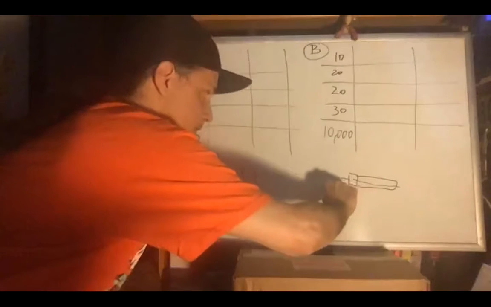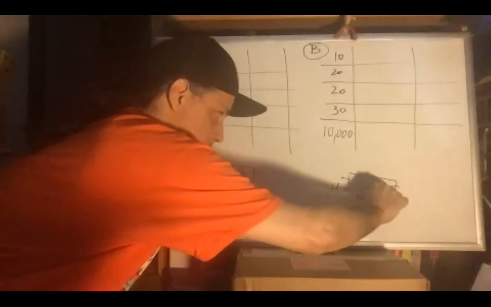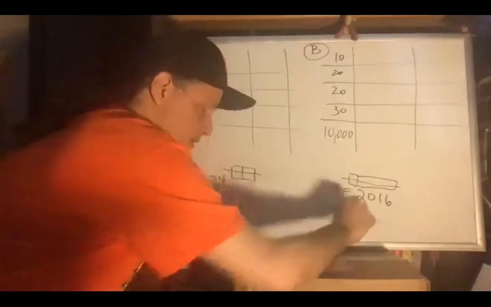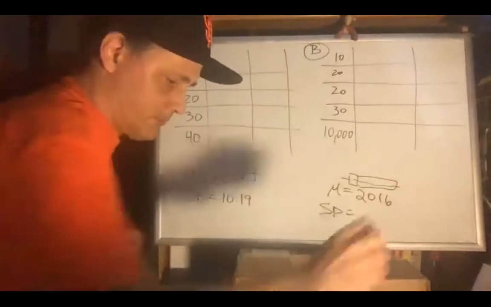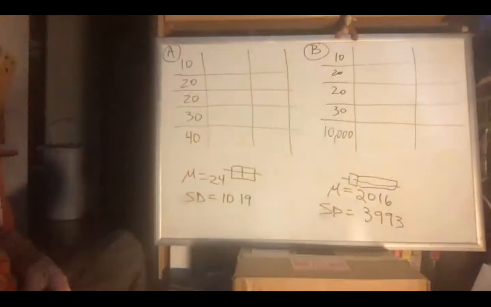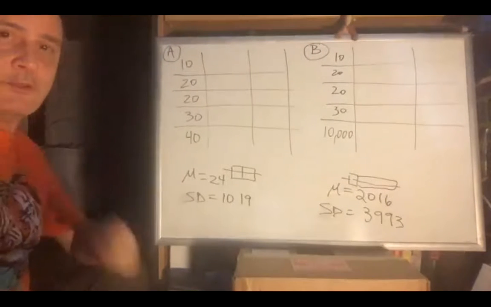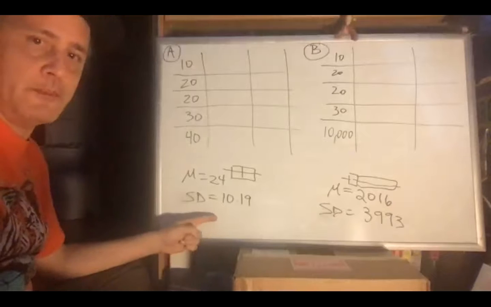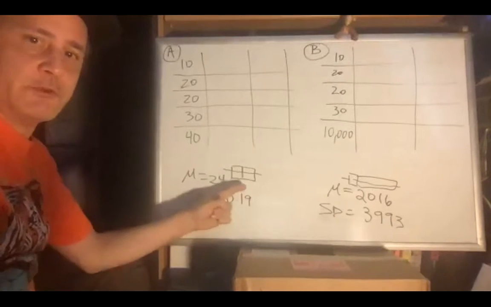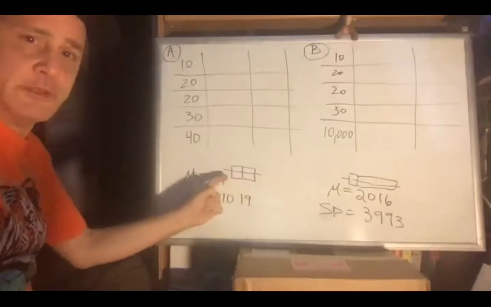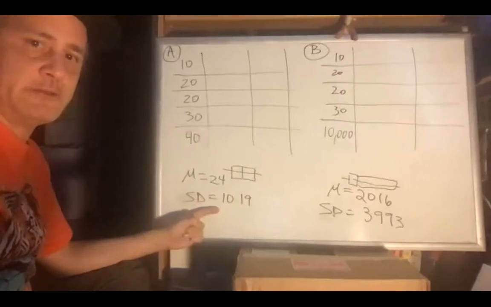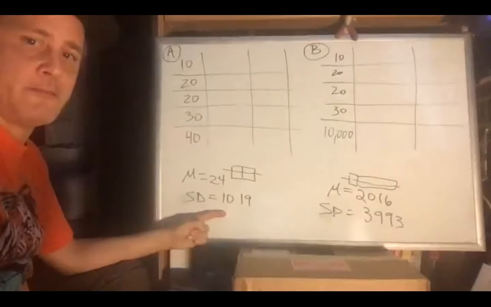The mean is going to be 2016, and then the standard deviation, which I'll just call SD, is 3,933. Now, before I go over how to do this again, notice the difference here. For A, which has a roughly symmetrical distribution, the standard deviation is less than half of the mean.